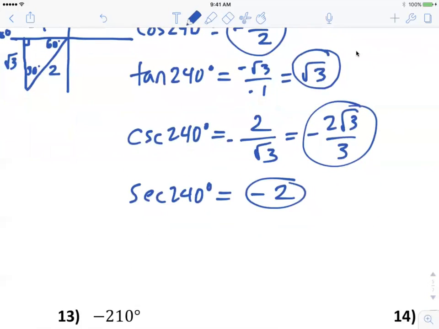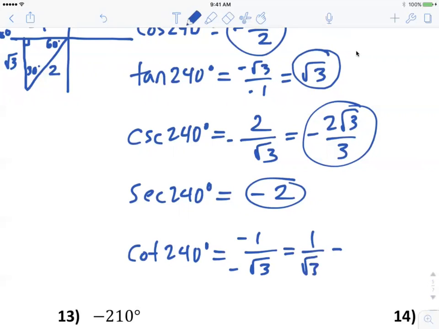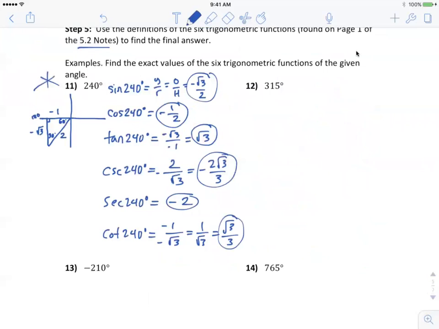And then cotangent of 240 is 1 over √3. I guess they're still both negative, right? Rationalized it would be √3 over 3. And we've got all 6. So those are the exact values, exact because we're not using decimals or an approximation, of the 6 trig functions of that angle of 240.